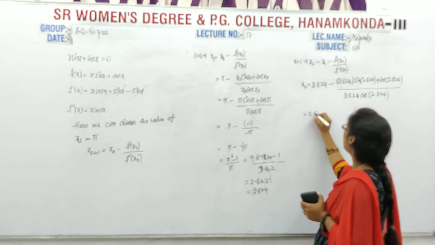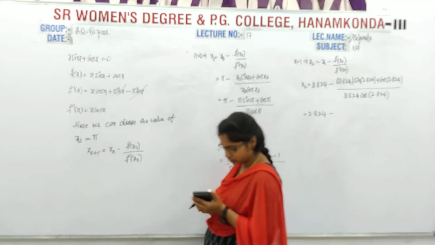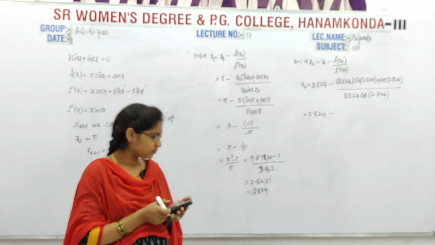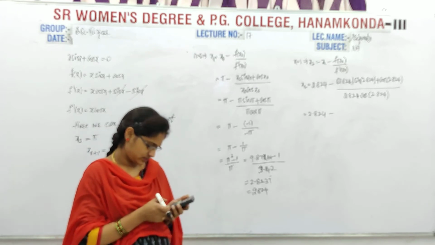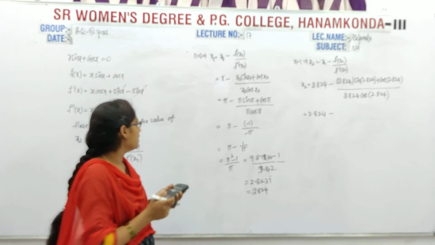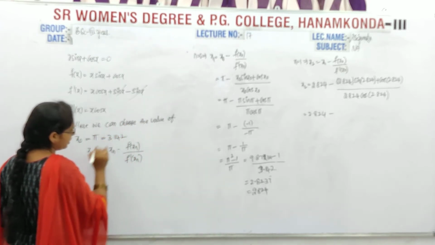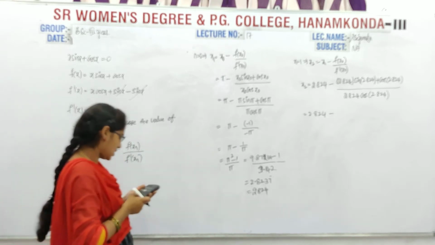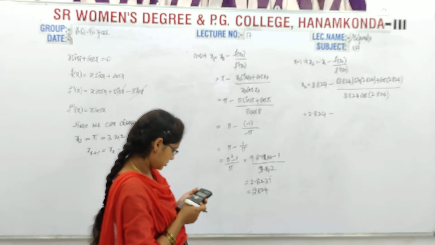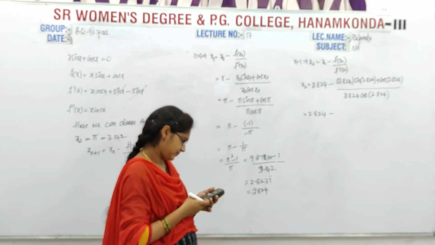Now I am going to calculate the numerator value, 2.824 into sin 2.824. If you want, then you can take here it is pi, otherwise 3.142. There is no problem, okay? Plus cos 2.824.